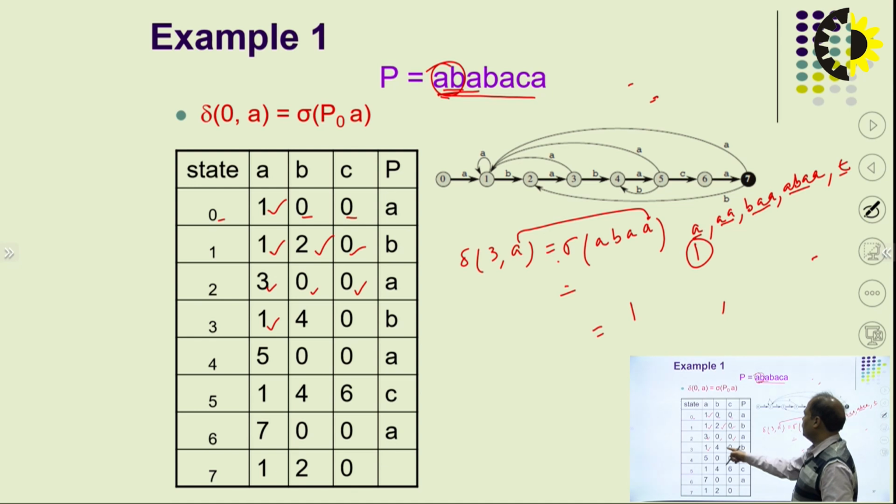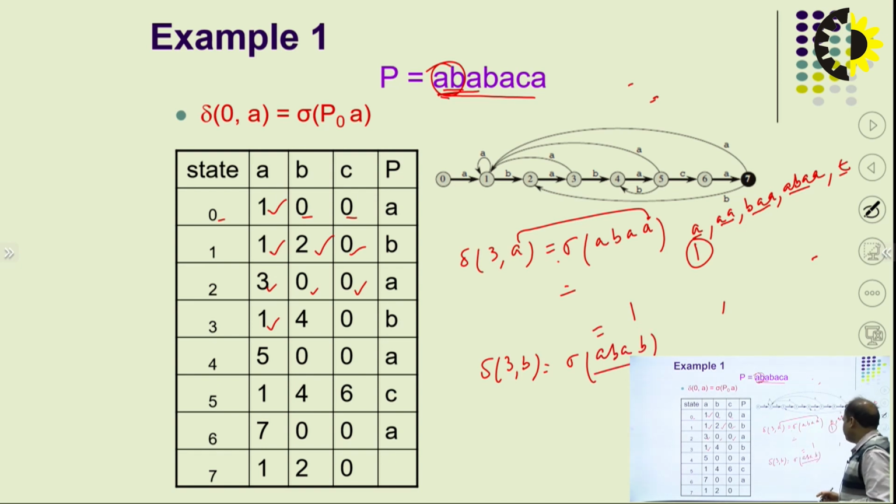Similarly, if we are talking about delta 3 comma B, transition on 3. So sigma P3B is A, B, A, and then B. It has 4 suffixes: B, AB, BAB, and ABAB.